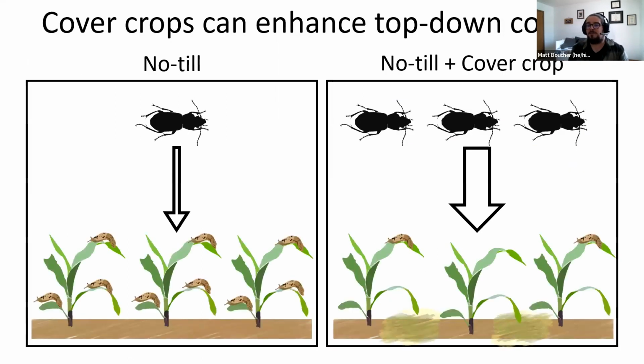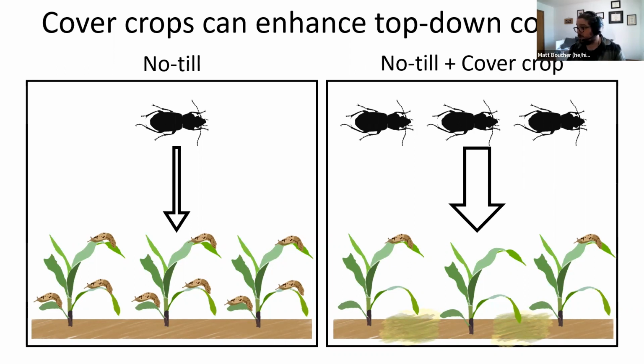Cover crops have multiple mechanisms through which they can potentially help manage invertebrate pests. One is by creating habitat and alternative prey inside that residue. So that residue has a nice microhabitat. Predators like carabid beetles can live inside of those plants or inside that residue.